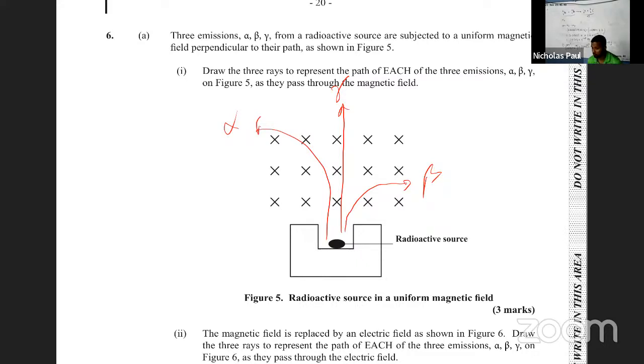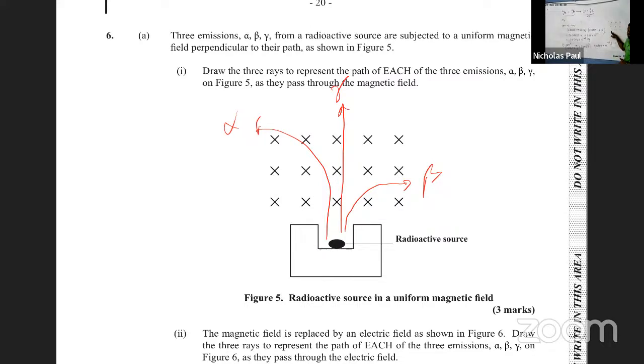How to use the rule? All right, watch here, those who are online, you also watch it. So you have an alpha particle going outwards, which is the direction of a positive charge. Left hand rule.